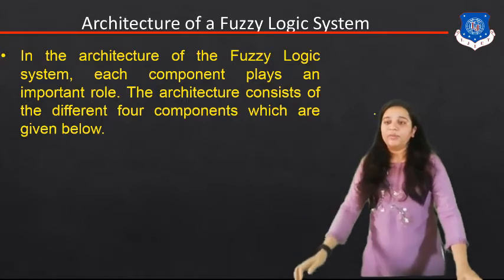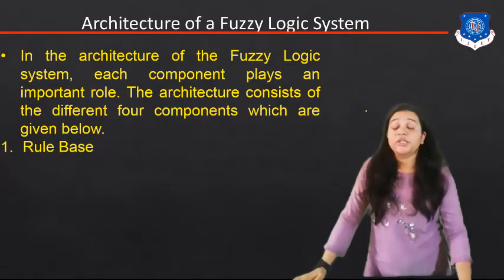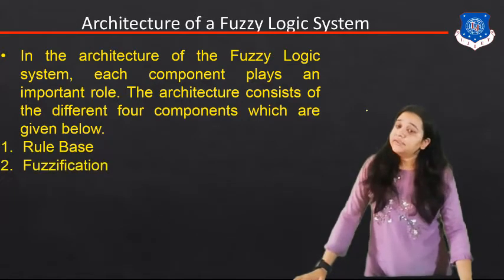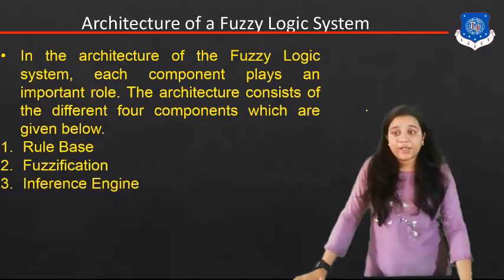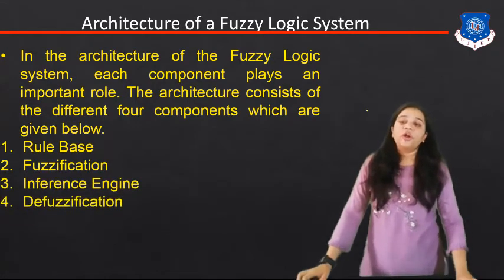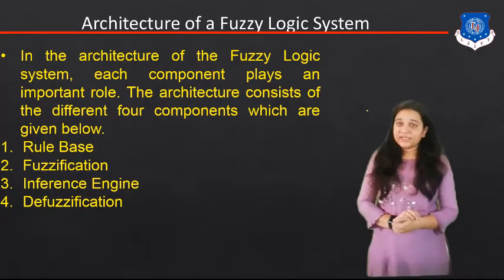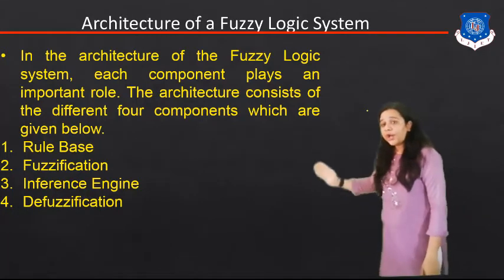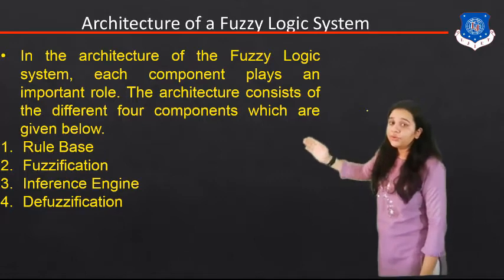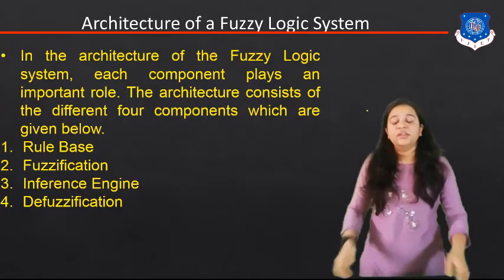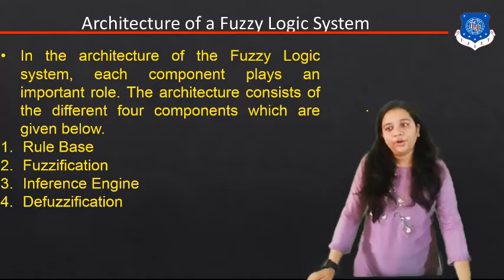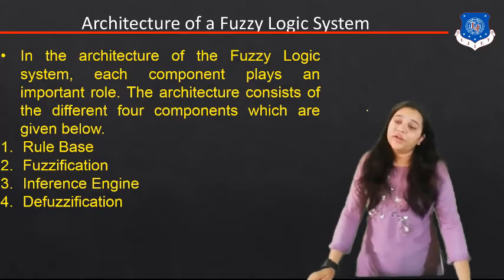The first component is the rule base, the second is the fuzzification, the third is the inference engine, and the fourth is the defuzzification. Each has its own important role, so we will study them one by one.